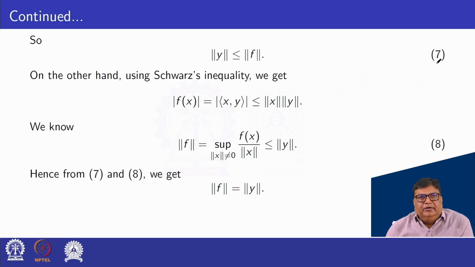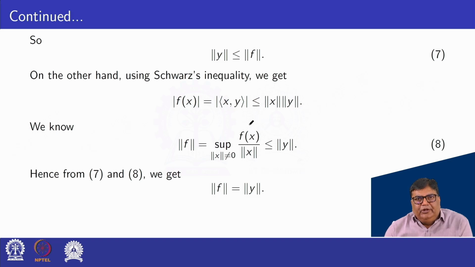This is equation 7. On the other hand, using the Schwarz inequality, we get mod of f(x) equal to mod of the inner product of x, y, which is less or equal to norm of x into norm of y. Dividing this inequality by norm of x, mod of f(x) upon norm of x is less or equal to norm of y.